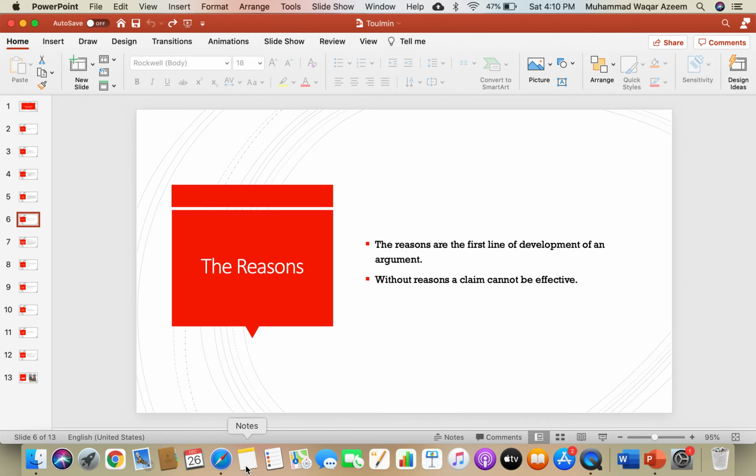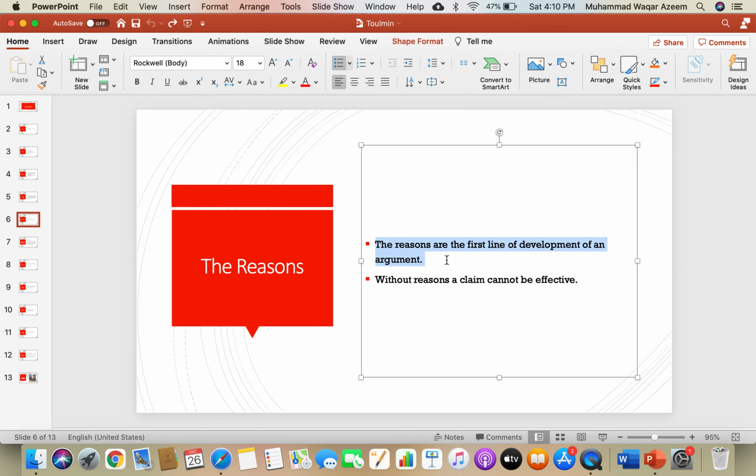So, for example, we read the claim in the previous slide, most books by Charles Dickens are fun to read. Now, it is not enough for a writer to make a claim of this kind. Rather, the writer must give strong reasons to support their claim. So, the reasons are the first line of development of an argument.